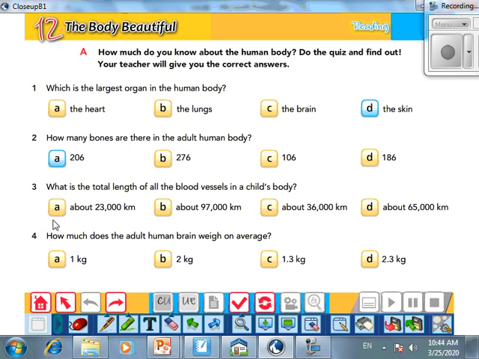Number three: what's the total length of all the blood vessels in a child's body? What do you think about the length of the blood vessels?